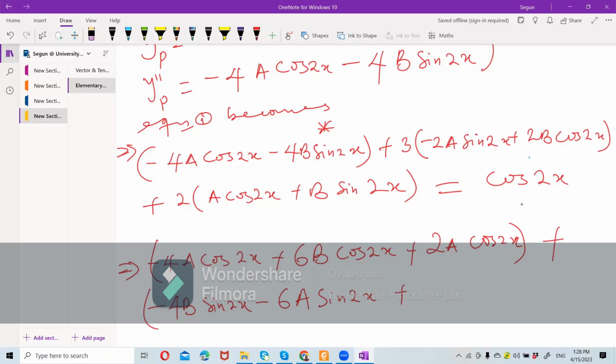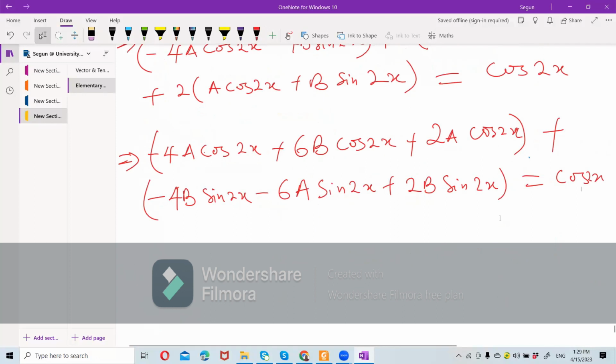Plus 2b sine 2x. You see now, everything equals cos 2x. So you see, it makes it simple.